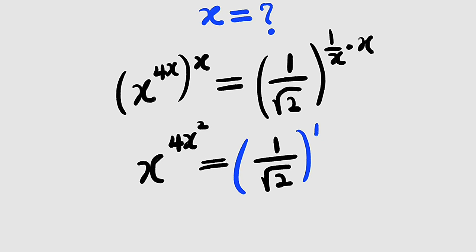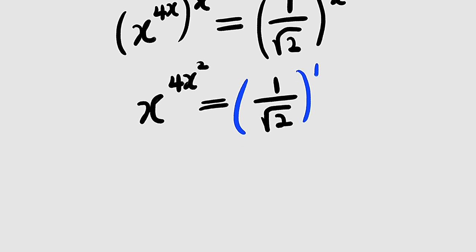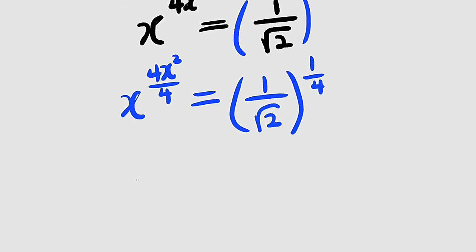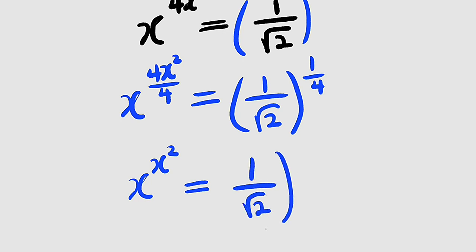So to the left hand side, we have x to the power of 4x squared divided by 4, and this is equal to 1 divided by root 2 to the power of 1 divided by 4. To the left hand side, we have just x to the power of x squared. To the right hand side, we have 1 divided by root 2 to the power of 1 over 4.